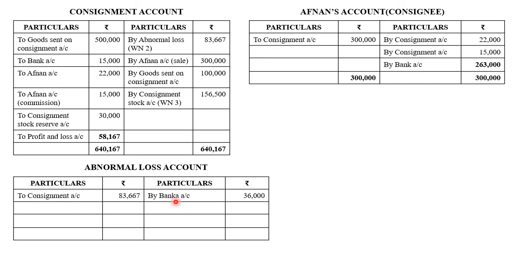Okay, there's a spelling mistake here. By bank account. The difference is transferred to profit and loss account.